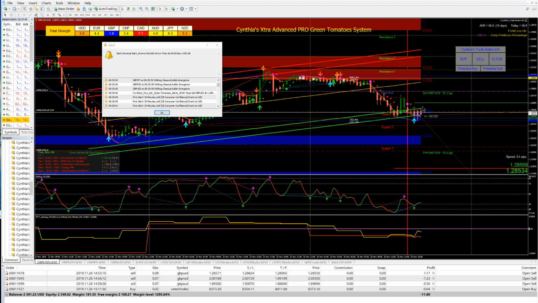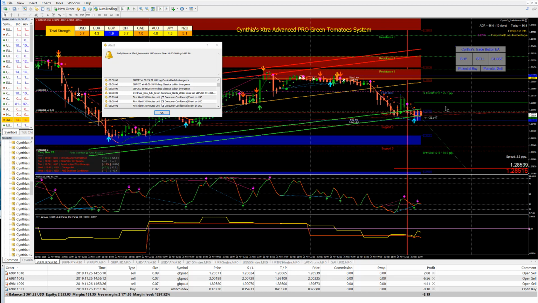If it keeps going down, that'll be okay. But if it goes in the wrong direction when the news event hits, by the time it hits this green triangle breakout target, I'm going to close my trade because I don't want it to hit my stop loss. So this gives me an early place to close my trade manually if it goes against me because of this red news event coming up.